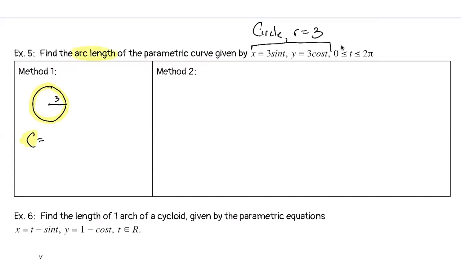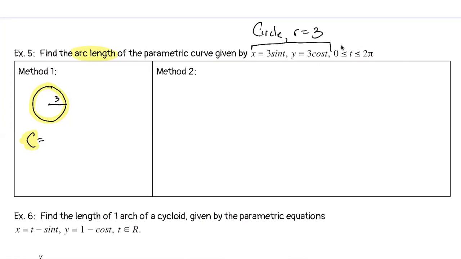They were asking you to find how long around this circle is. So we could answer this question just by using the circumference formula if we can recognize that it's a circle, okay? That's one of the benefits to being able to recognize the shape. Sometimes you can shortcut things without having to do a lot of the other calculus, okay?